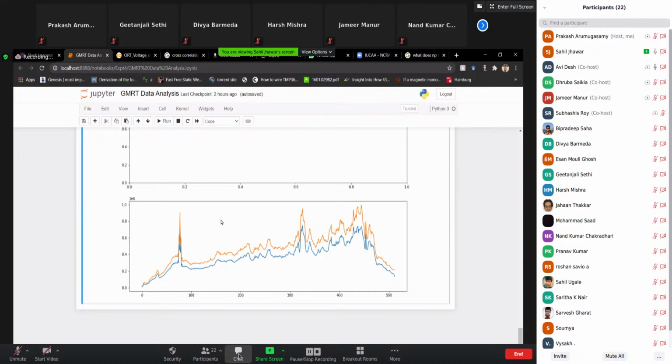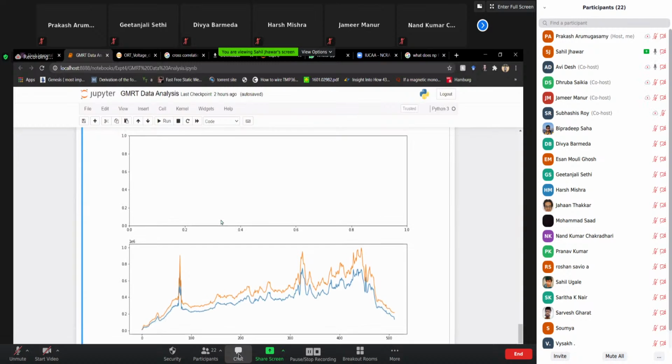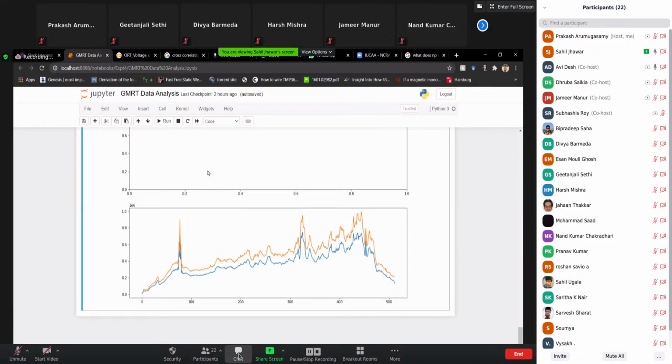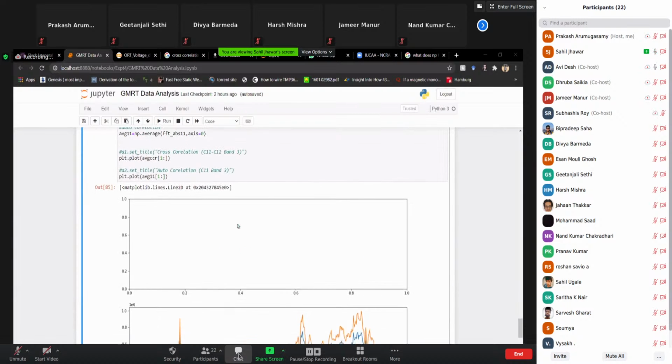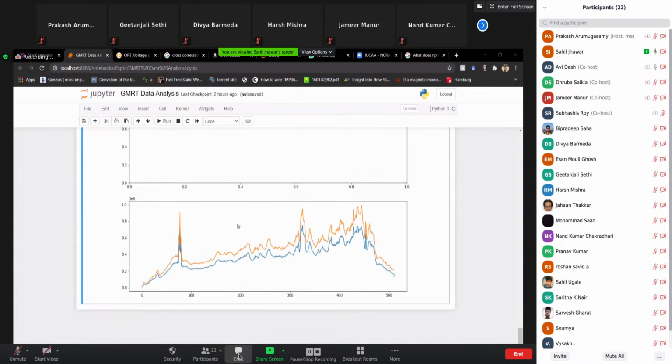The spectrum you get in the total power of individual dishes has contribution from the receiver noise, right? No, sir, I'm not getting your point. There's one plot about the cross correlation and one is the autocorrelation.